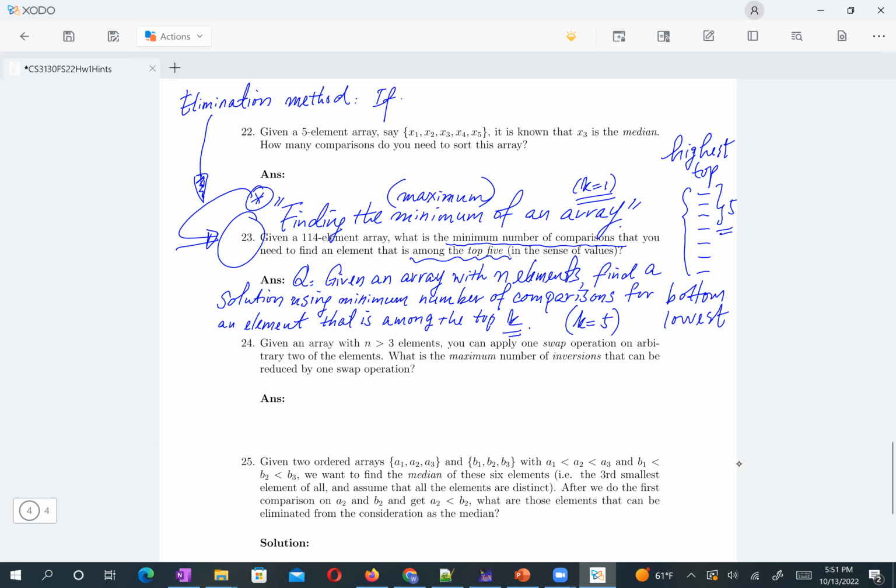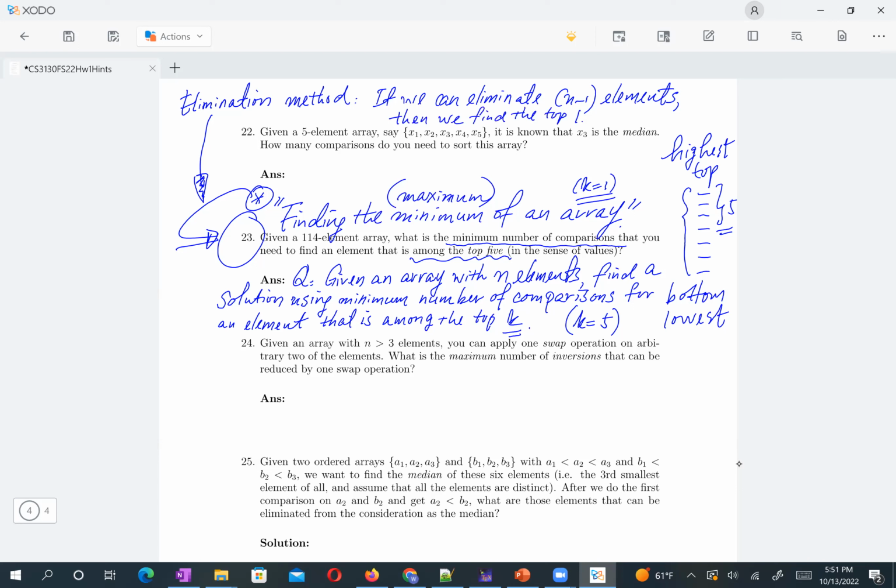If we can eliminate n minus 1 elements, then we find the top one.